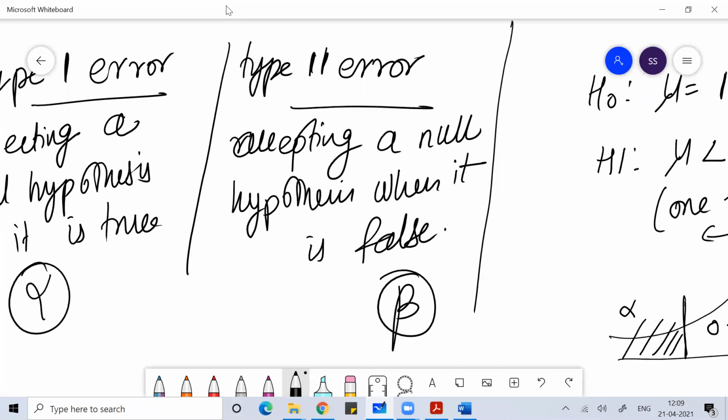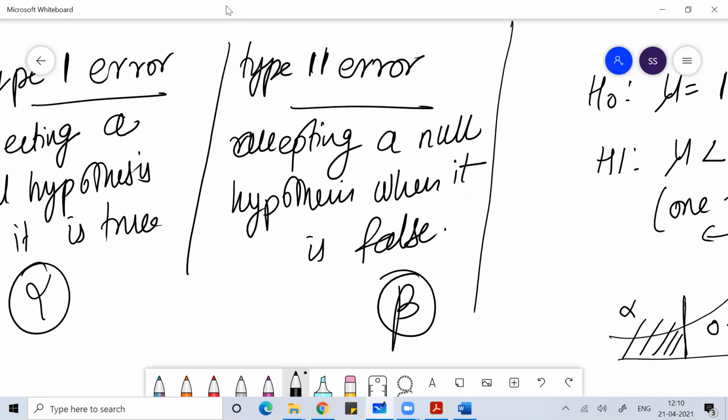Whenever I'm discussing ANOVA and chi-square, ANOVA was all about proving or disproving the relationship of the mean or average of more than two sets of data. If you remember, in the null hypothesis, we used to say mu1 equal to mu2 equal to mu3 equal to mu4.